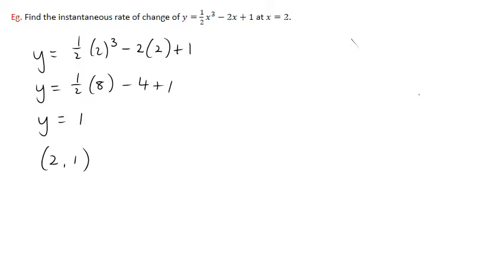Now I'm going to pick x equals 2.1. So y equals 1/2 of 2.1 cubed minus 2 times 2.1 plus 1.